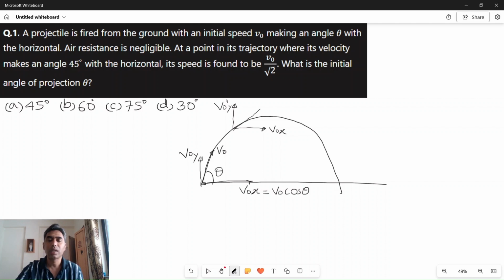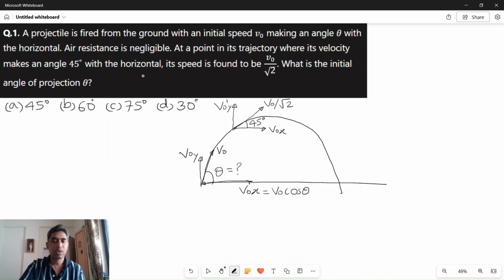And here the velocity is V naught by root 2. And it is given that this angle is 45 degrees. The velocity makes an angle of 45 degree with the horizontal, that is V naught x. So we have to find this angle of projection. This theta is equal to how much?